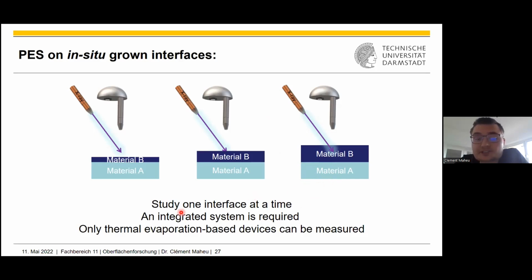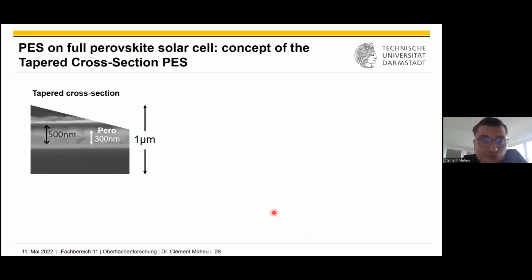You need an integrated system, of course, and you can only study a thermal evaporation-based device. And we all know that spin-coated samples and thermally evaporated samples are quite different, have different properties. So you cannot study all the solar cells that you can produce.